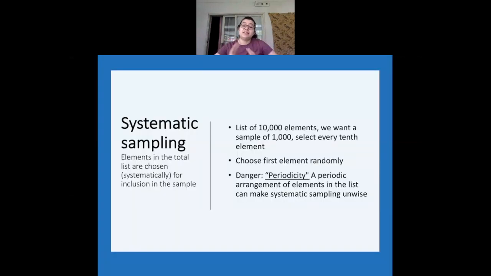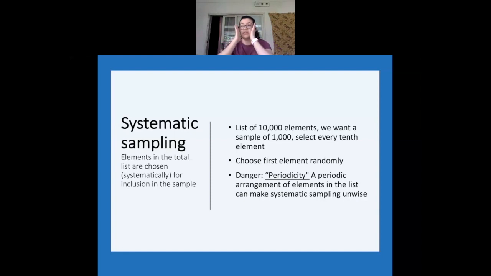Then there's systematic sampling. This is when you're taking 10,000 elements, it says, and you want a sample that's smaller than that, so you do every 10th. If I had that list of students, I did every 10 students, I picked that person. And the danger with that is that there might be a reason that the list is in that specific order, right?